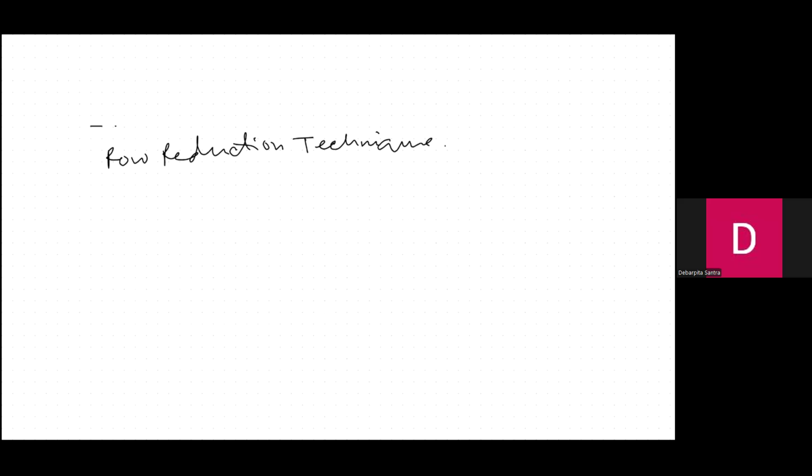After doing some operations on the rows, we will find a form of the matrix which is called the row echelon form. Row echelon form, what is this? We will learn later. Now another thing we will learn here is called the augmented matrix.